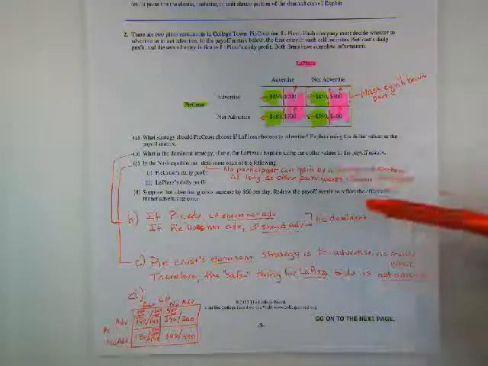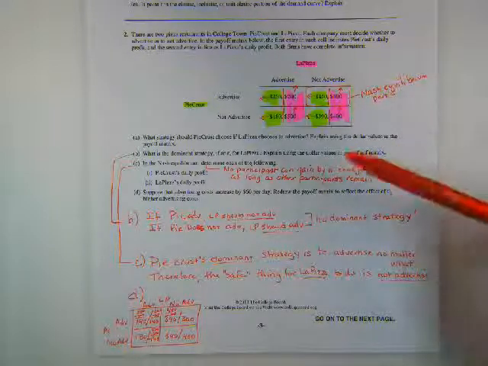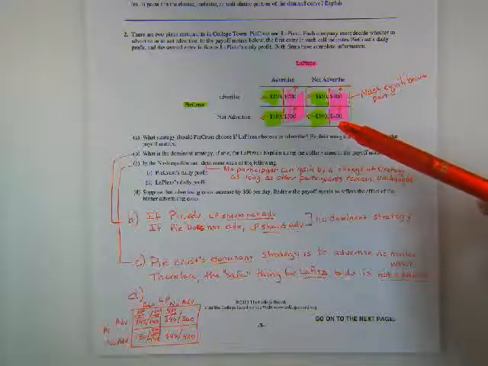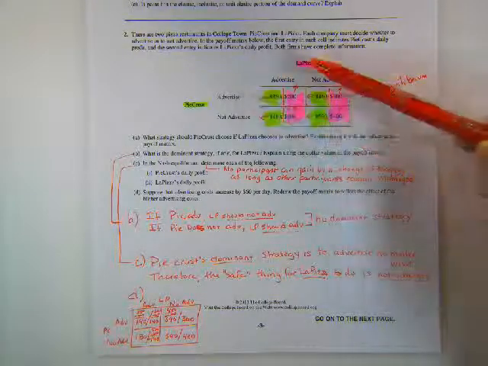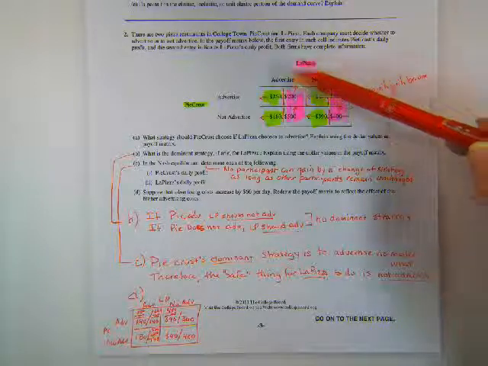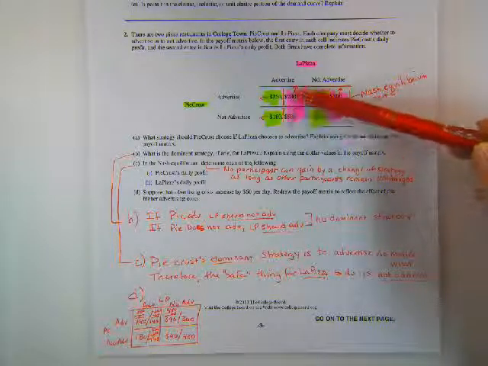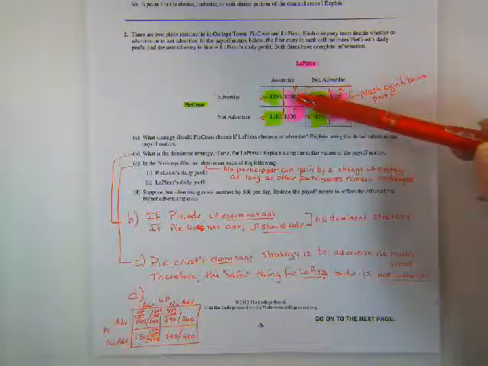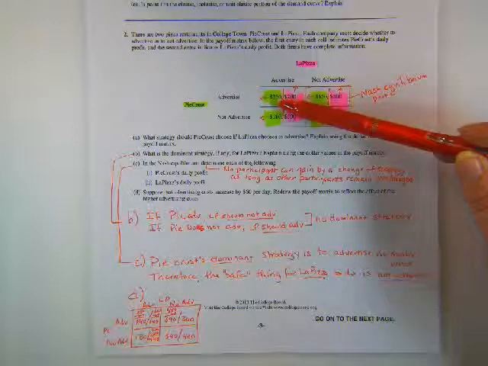Question A asks us, what strategy should Pie Crust choose if La Pizza chooses to advertise? Explain your answer. Okay, so if we look at the payoff matrix, if Pie Crust is looking at what La Pizza does, if La Pizza advertises, so I've highlighted those in pink, if Pie Crust advertises, they'll make $250.